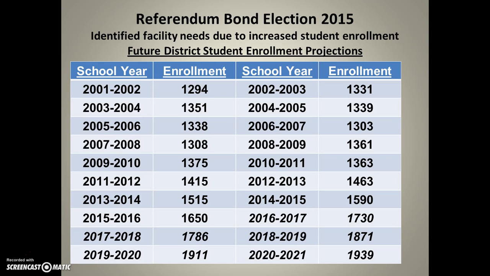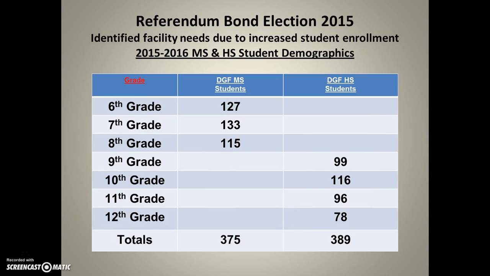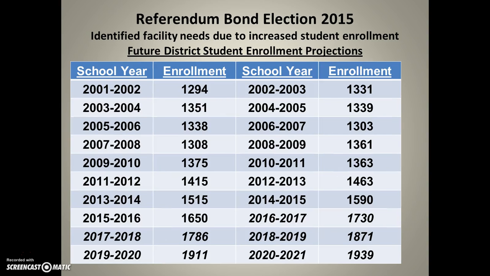Our overall enrollment trend has been, back in 2001, 2002, we had less than 1,300 students. We currently have 1,650 students, and we are anticipating, just based on attrition, based on the fact of having the 125 averages coming into the high school, the 150s coming into the middle school, that by the fall of 17, we will have a little bit less than 1,800 students.